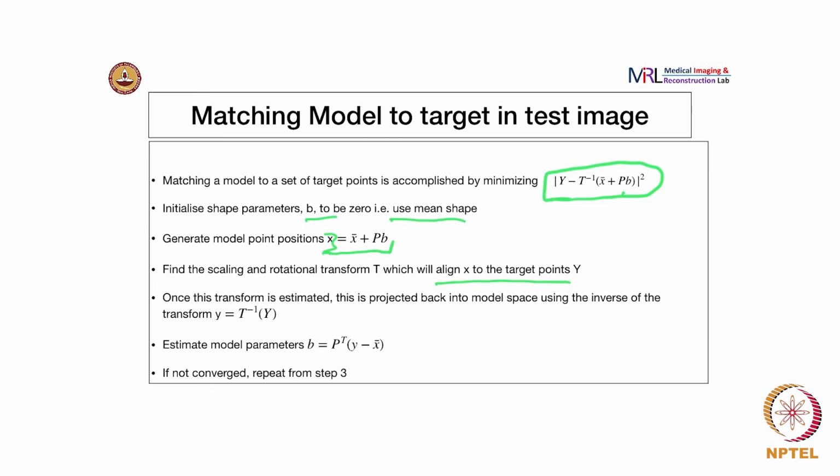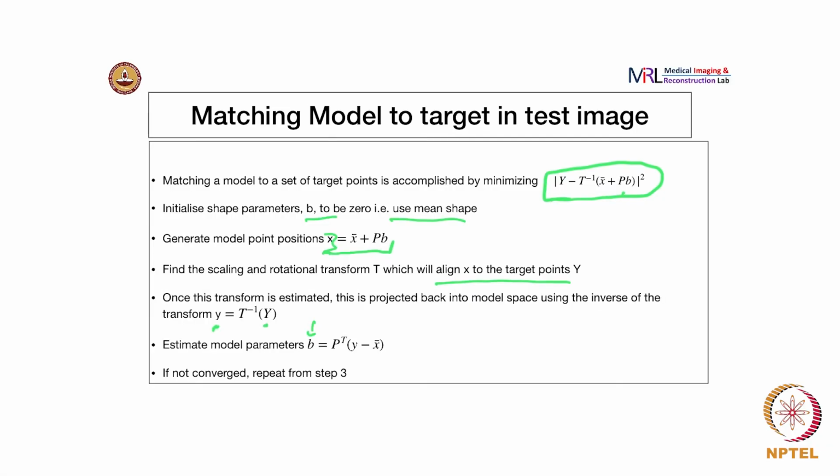Then you take that transformation and apply it to your Y points, so that you are now putting this into the model space. In the model space, you now estimate B, and this B describes your shape.